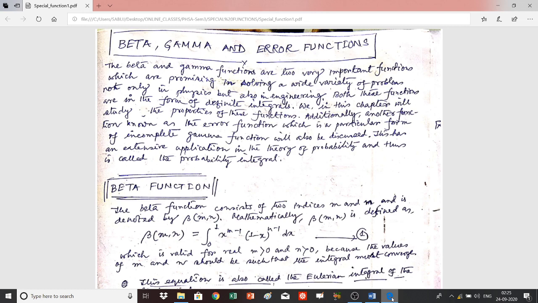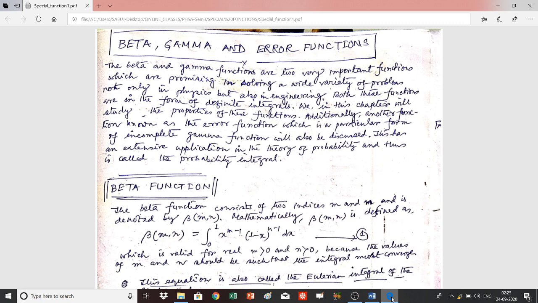By the usual methods, the values of those integrals are very difficult to find, but if we use these two functions, gamma or beta, then solving those integrals will be very easy, and that will be very time saving also.